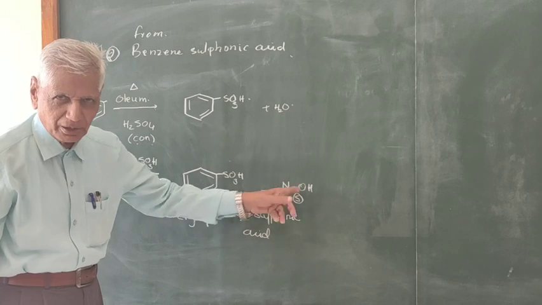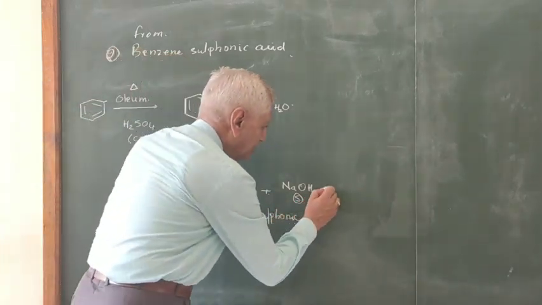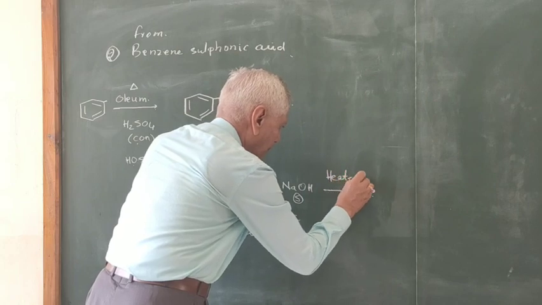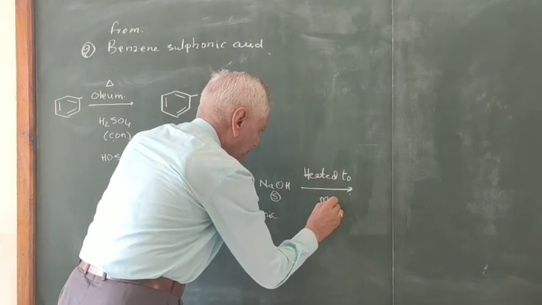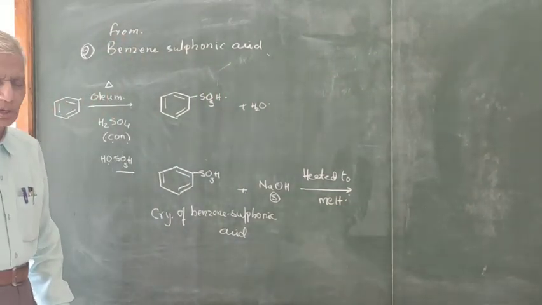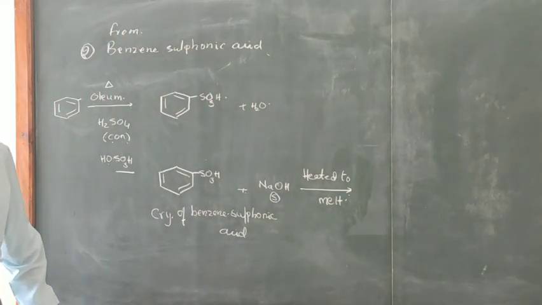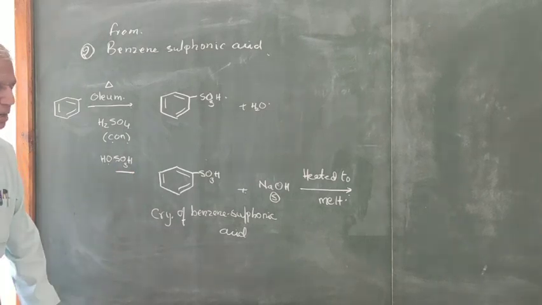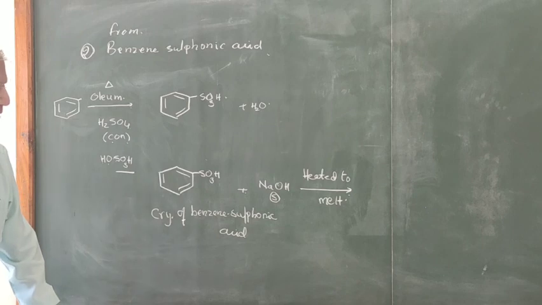This is solid sodium hydroxide. This is heated to melt. Melt means it becomes liquid. That means you have to heat it strongly. So after heating strongly, you will get a compound.